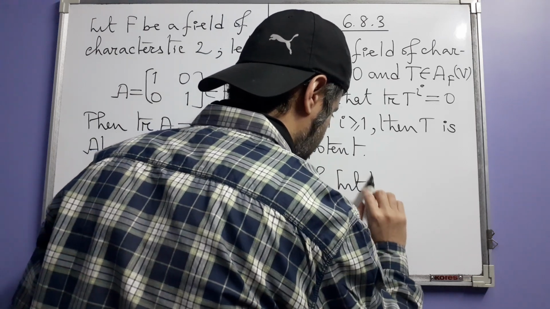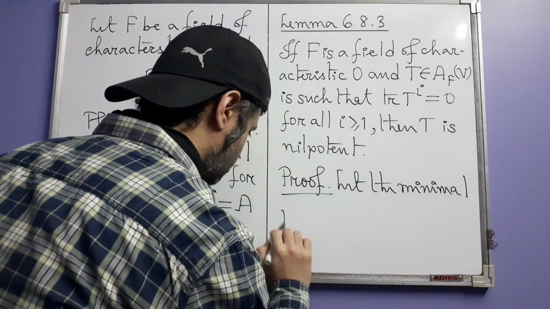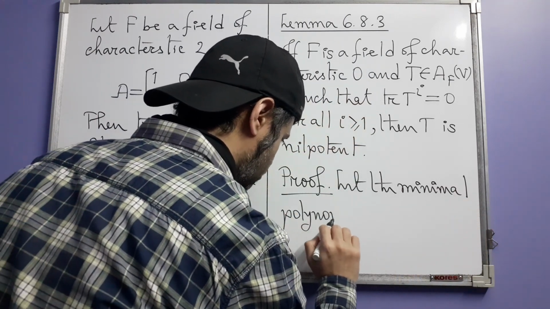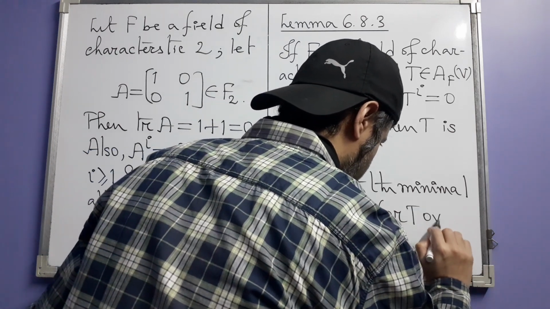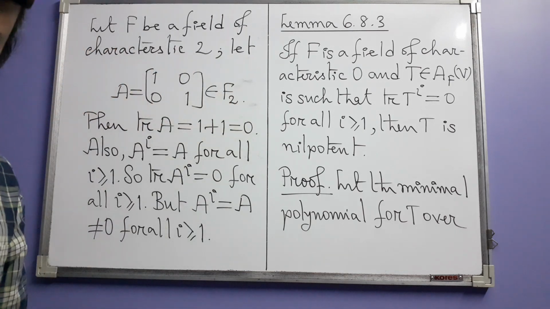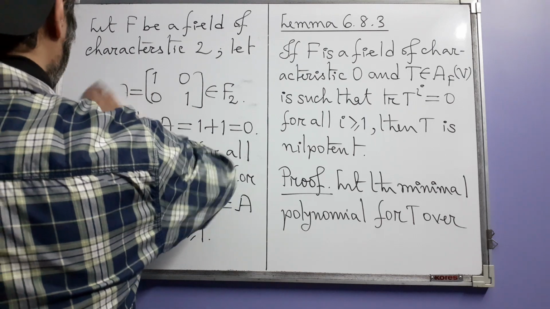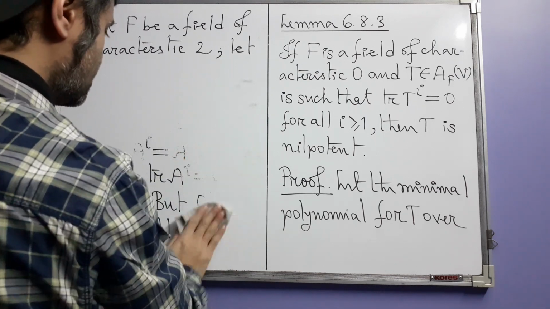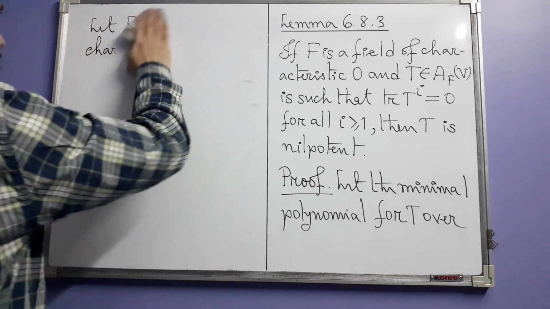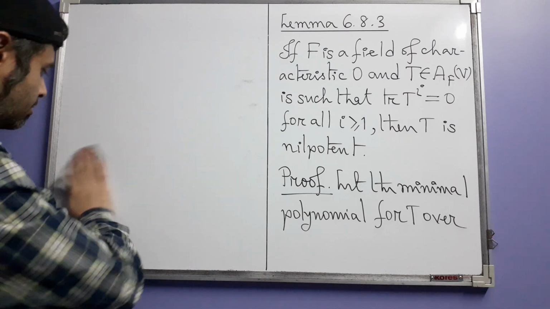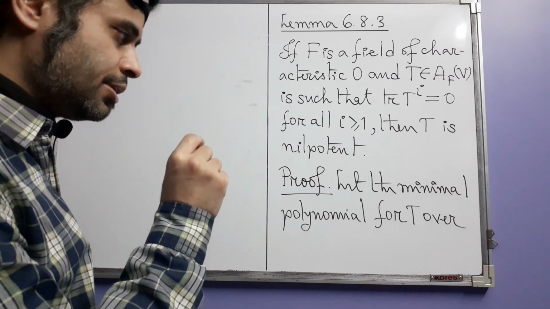Let the minimal polynomial for T over F be this. And in this regard, let us also recall that when we say the minimal polynomial, we mean that unique monic polynomial which has the least possible degree, non-zero polynomial of course, which T satisfies.